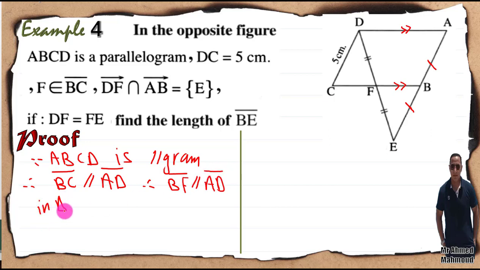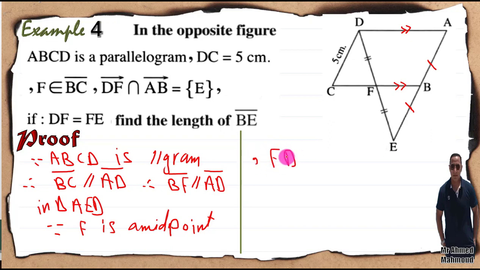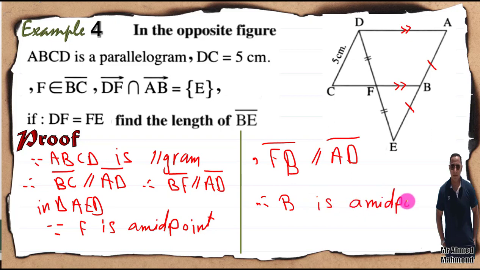In triangle AED, since F is a midpoint and FB is parallel to AD, therefore B is a midpoint.